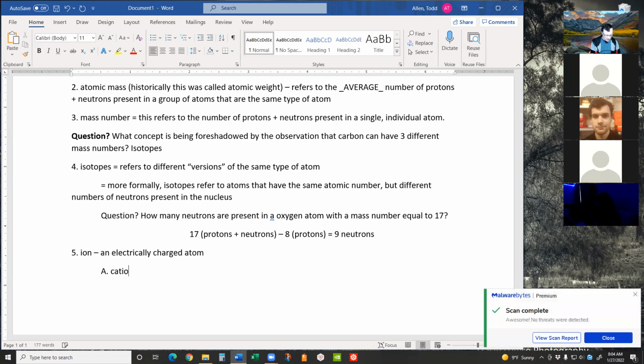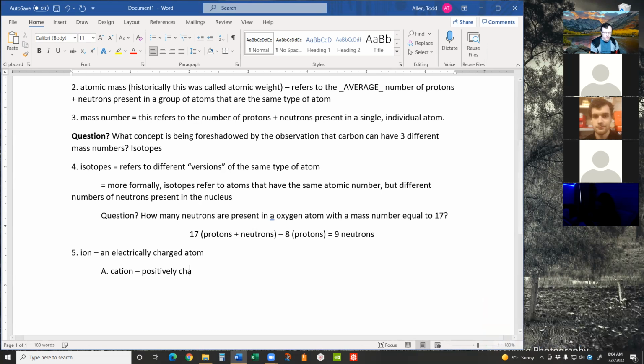So cation is a positively charged atom. An example of that would be sodium ions that are part of table salt. And an anion is a negatively charged atom. An example of that, in fact, would be chloride, Cl minus. Okay, so we'll be talking about that in about 1 minute here.